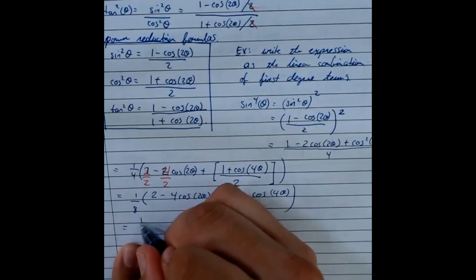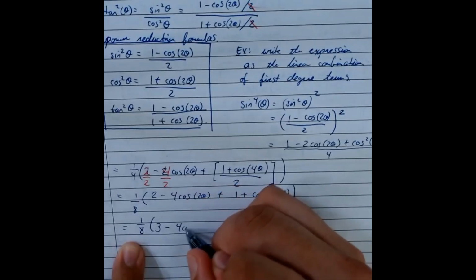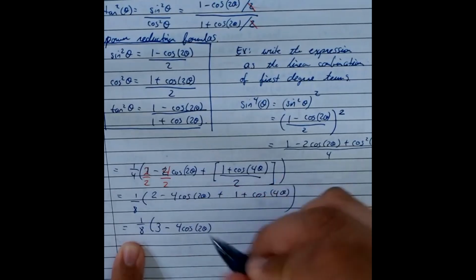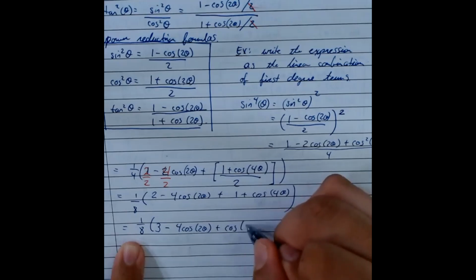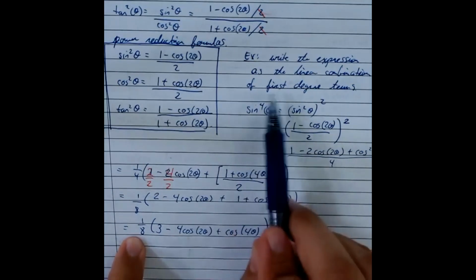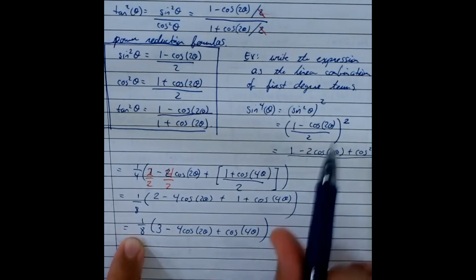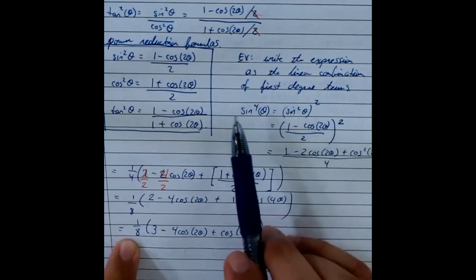So here we can write this as 1/8 times 3 minus 4 cosine of 2 theta plus cosine of 4 theta. And now instead of having a fourth power of sine, now I have only first powers of cosine and a constant. For now, this seems like it's more complicated, right?